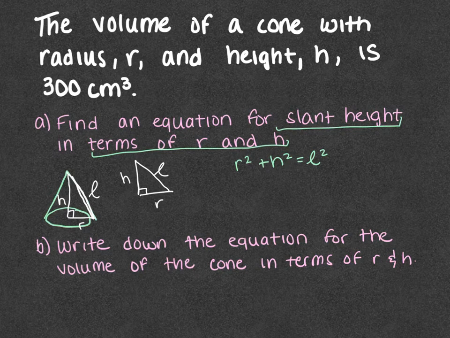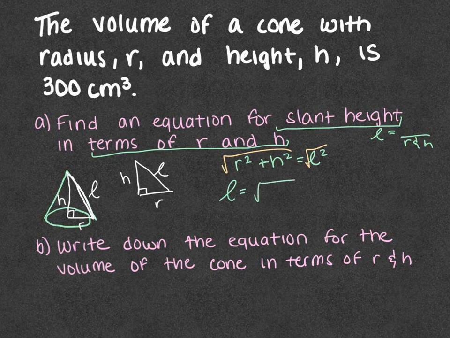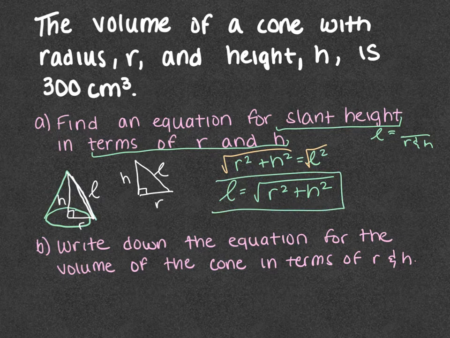So that means I need to get slant height equals something with r's and h's. I'm almost there because slant height's already by itself. The only thing we need to get rid of is that square. So I'm just going to square root both sides. And then I have slant height in terms of r and h. And that is it.